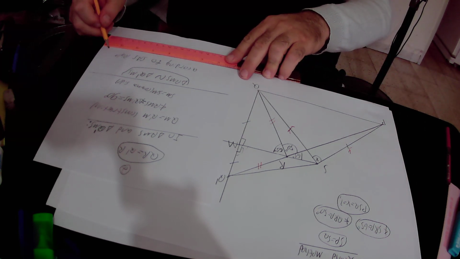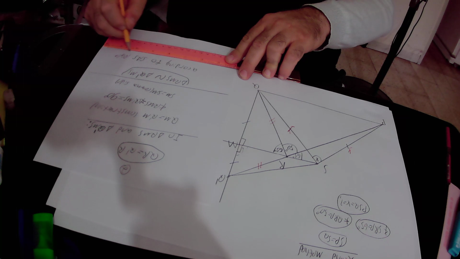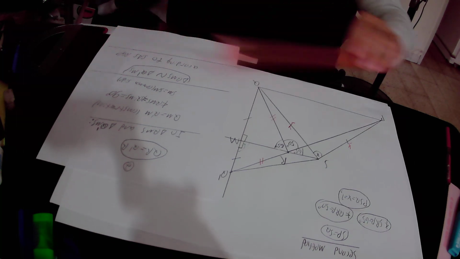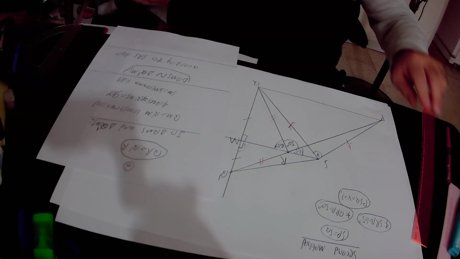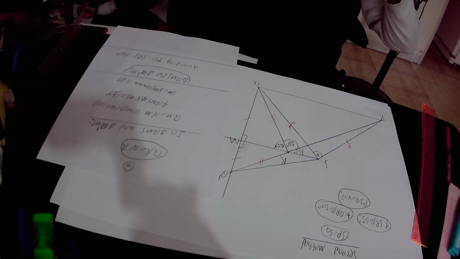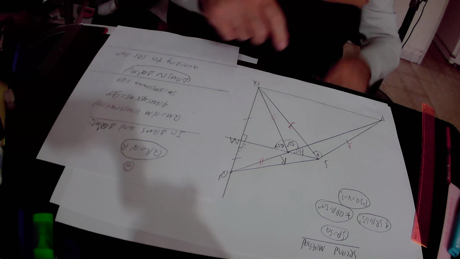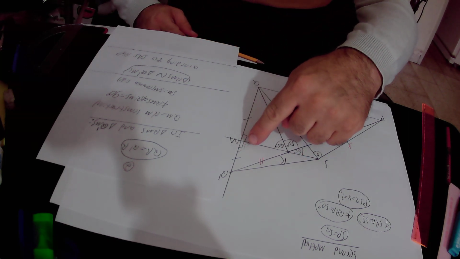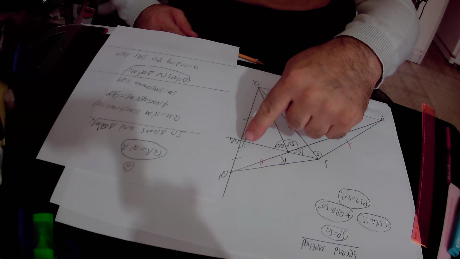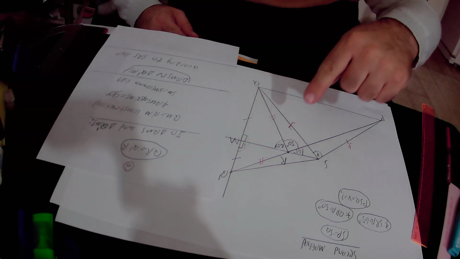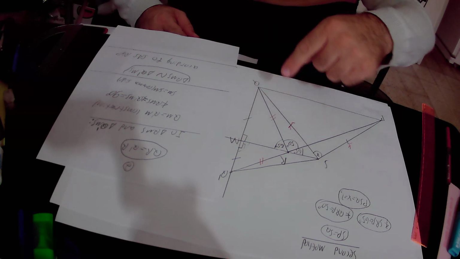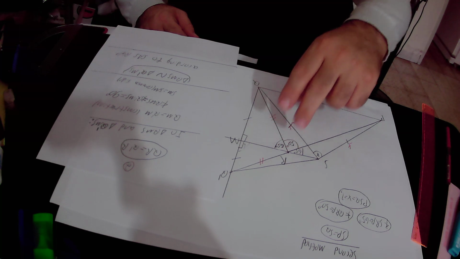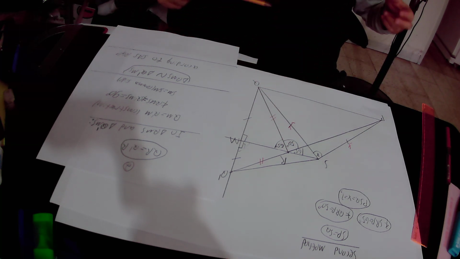So what is the side angle side rule? If we prove that two sides and the angle between them of one triangle are correspondingly equal to two sides and the angle between them in the other triangle, then you actually proved that those two triangles can go into each other according to the side angle side rule. And we actually proved that two sides and the angle between them in the right big triangle Q dash MS are equal to two sides and the angle between them in the right big triangle QMS. Therefore, we proved that those two big right triangles can go into each other according to the side angle side rule.